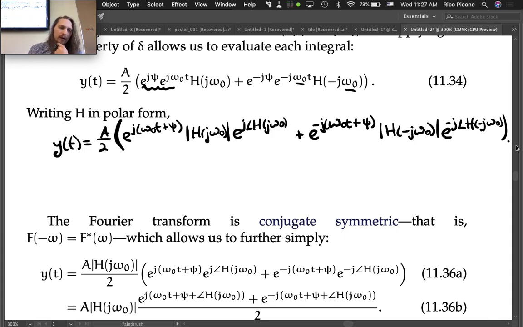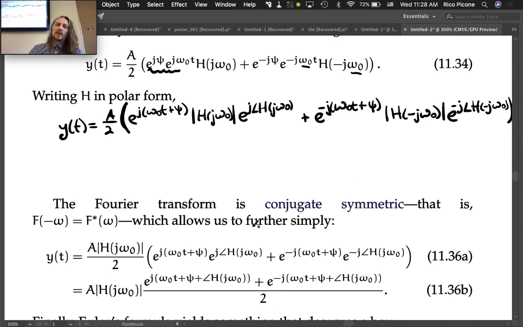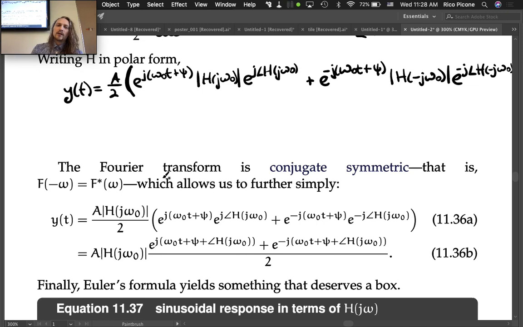So the Fourier transform is conjugate symmetric. That is, the Fourier transform at negative omega is just equal to the complex conjugate of the Fourier transform at omega, which allows us to further simplify. We've got these Fourier transform h's, and some of them are in terms of the negative argument, and some are in terms of the positive argument. Using this conjugate symmetry, we can make them all into the positive j omega.